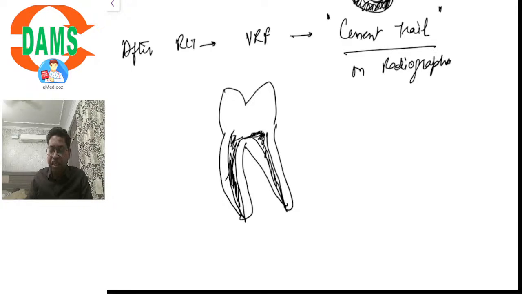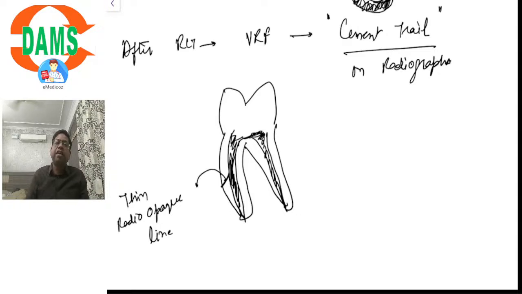And then we notice that initially there was nothing, but in a post-obturation radiograph, there is a thin radio opaque line extending from the root canal toward the outside surface. This is known as cement trail. What has actually happened? There has been an undetected vertical root fracture. Root canal has been done, and when the obturation was being done, the sealer has been pushed through the vertical defect and it cast a radio opaque line on the radiograph. This is known as cement trail.